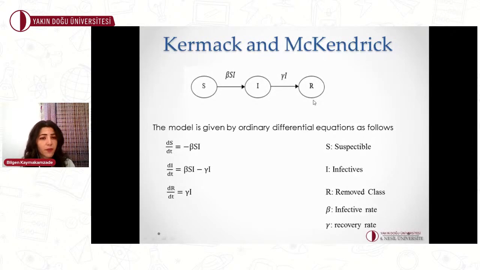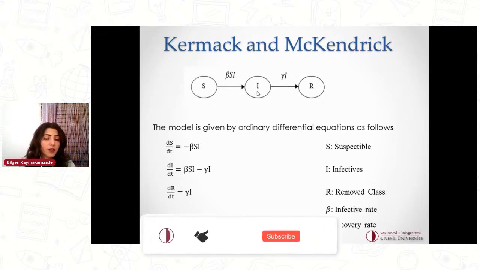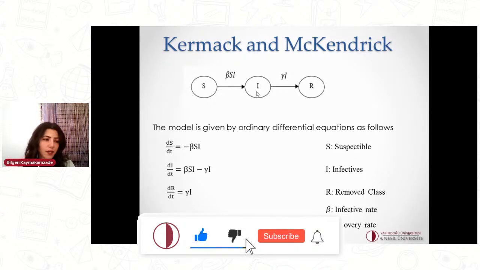A person in the susceptible class can move to the infected class when a susceptible person has contact with an infected person and takes the disease into the body. An individual moves from the susceptible class to the infected class at the rate beta. After the infected class, we take some treatments and we can recover from the disease.